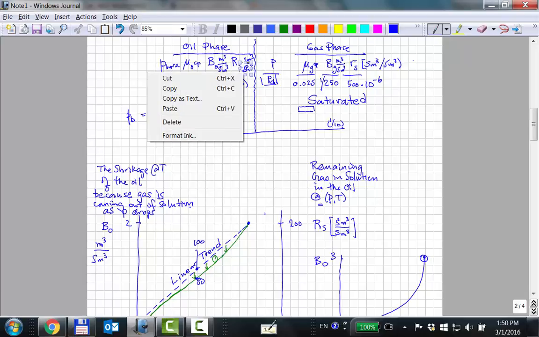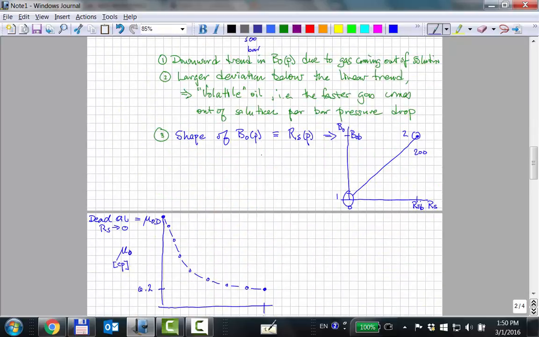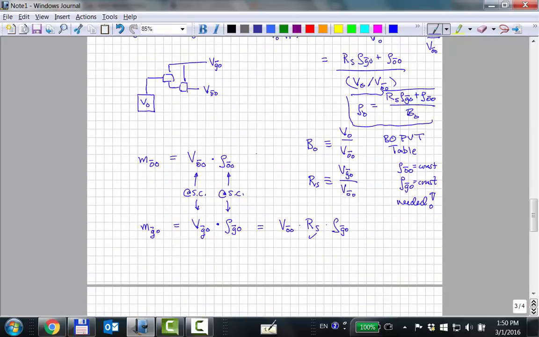But we have to know the surface densities of the component gas and the component oil. Okay? So those have to be specified. And this is the equation.